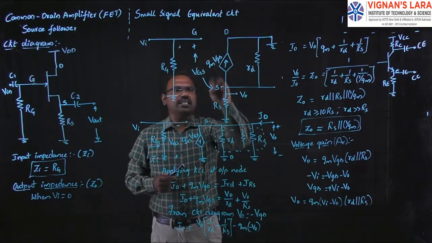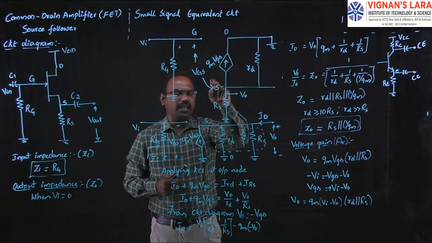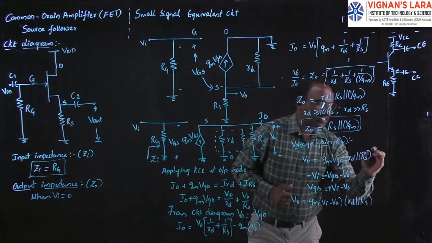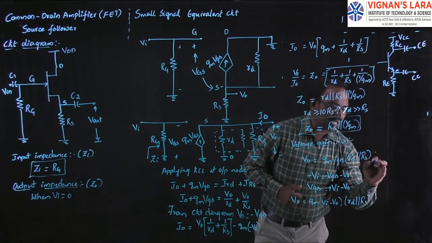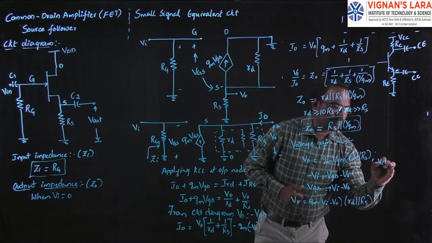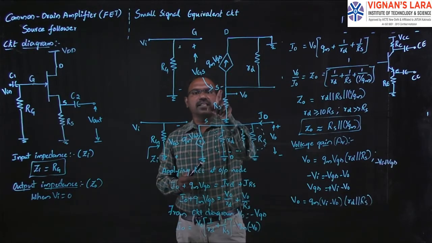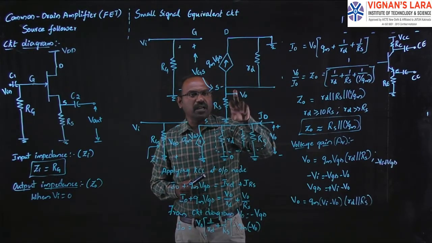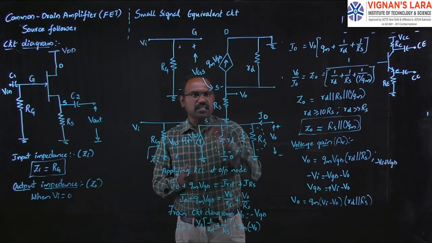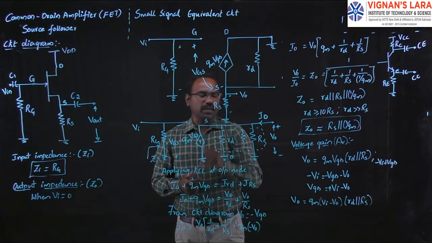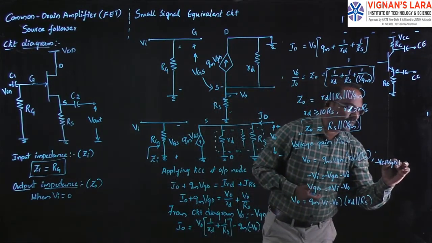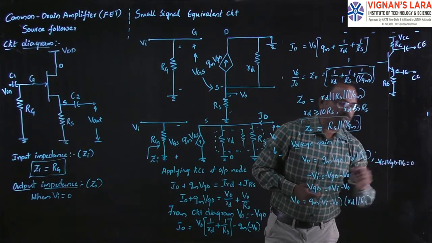And the drop VGS is like this, plus minus, that means what you have to write is minus Vi plus VGS. Why? Because the current is leaving the negative terminal. And what is the drop here? This will be plus and this will be minus, means plus V naught is equal to 0.